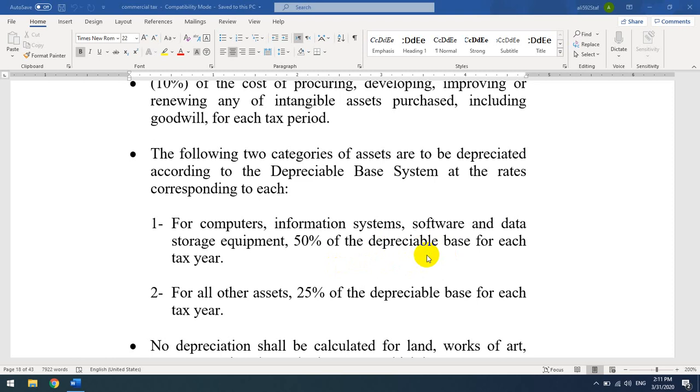The depreciation base of the second period will be the historical cost minus the depreciation expense of the first period.